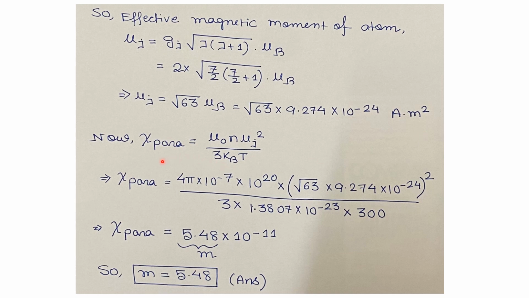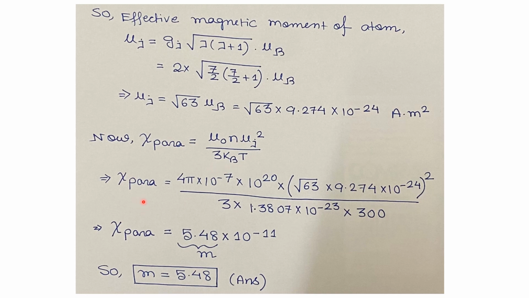Now the paramagnetic susceptibility from the quantum theory is given by chi_para equals mu_naught n mu_J squared divided by 3 k_B T. We have already calculated the mu_J value, and from the question we know the mu_naught value, the n value, and the temperature of the system is 300 Kelvin, and k_B is the Boltzmann constant that we already know from the question. So we'll put all the values here.